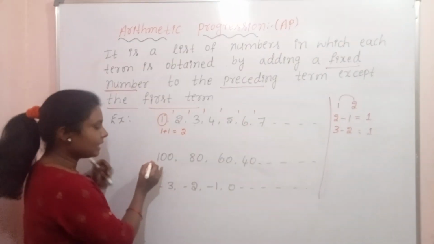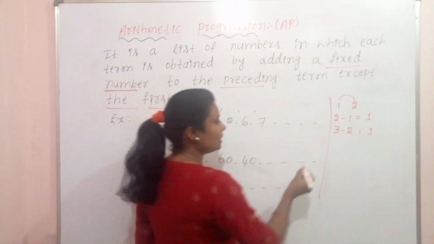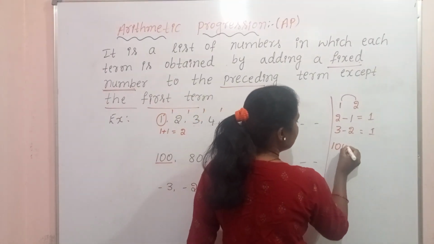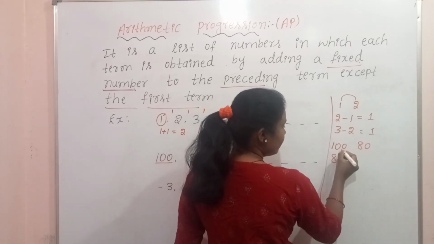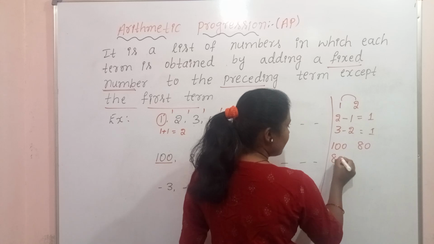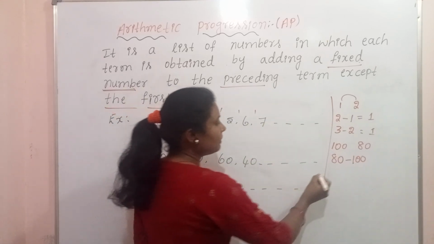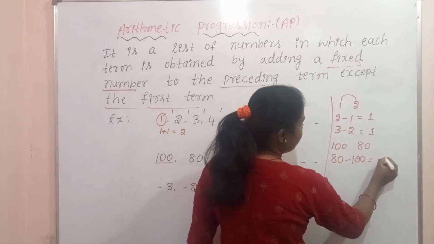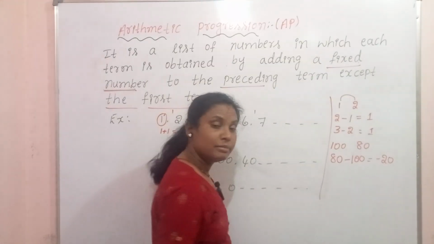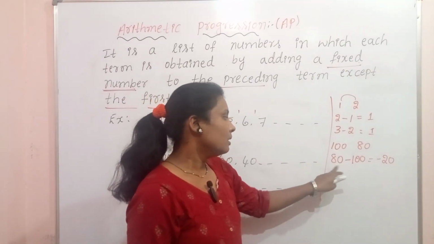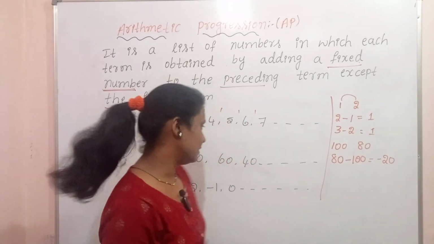Then come to the second example. Here the first term is 100. What is the fixed number? 100 and 80 we are considering. This is the first term, this is the second term. From the second term, we need to subtract the first term. 80 minus 100, you will get minus 20. Here 80 is the smaller number, 100 is the bigger number, and the sign of the bigger number is minus, so you get minus 20.